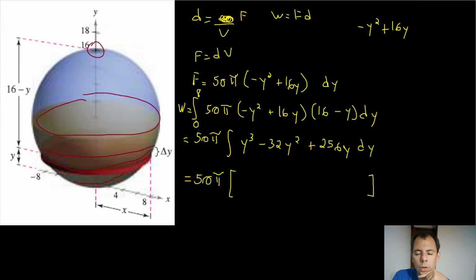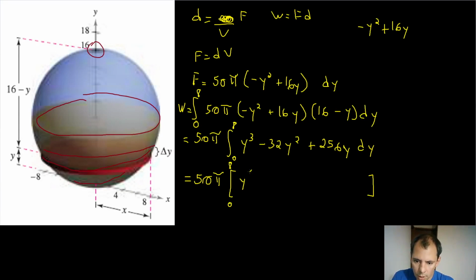But we're talking about the work, and the thing is half empty. Okay, so you don't have any work to get oil from 12 to 16, because there is no oil from 12 to 16. It's just from 0 to 8. Okay, so 0 and 8, and a 0 and an 8.